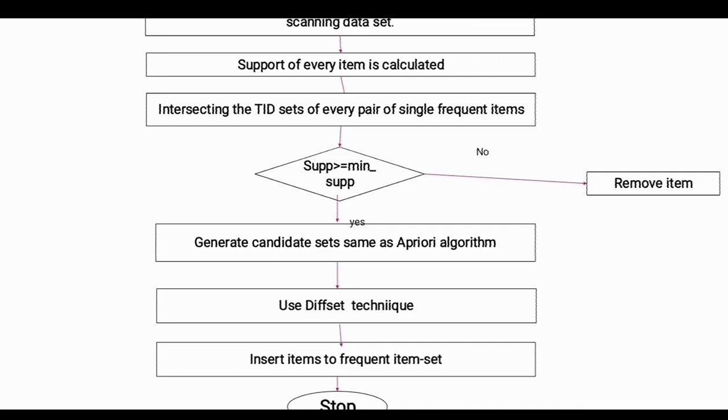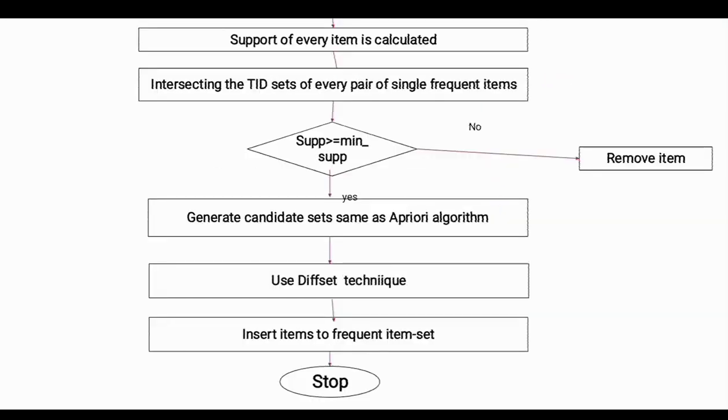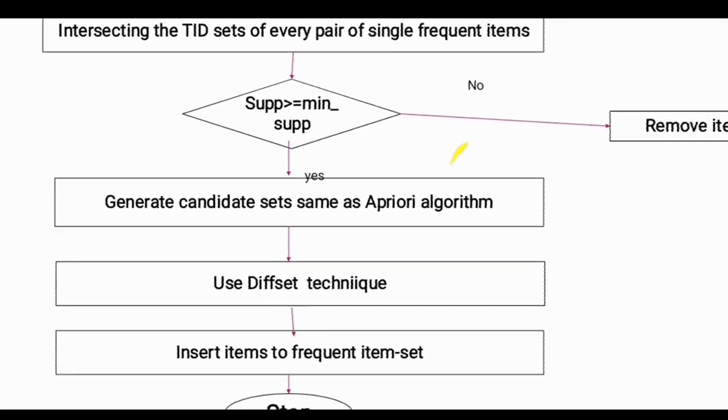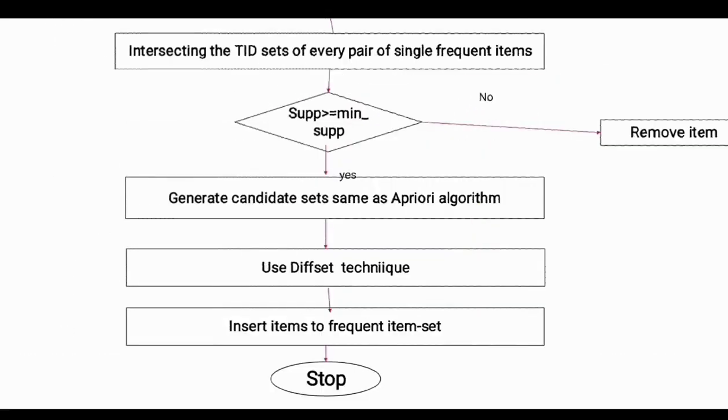If the items are less than the minimum support, remove the items, or insert the items, and generate the candidate set same as the Apriori algorithm. And here we use an extra technique, the diffset technique, insert items of the frequent item set. Stop. Here the diffset technique means that in the earlier algorithms we were taking equal items, but in this we will take the separate ones.